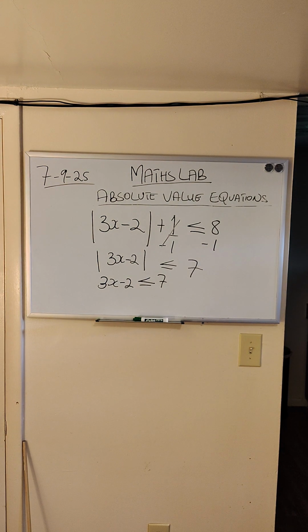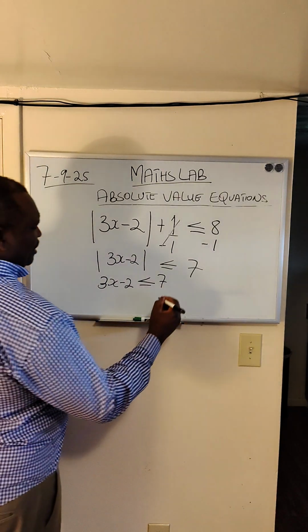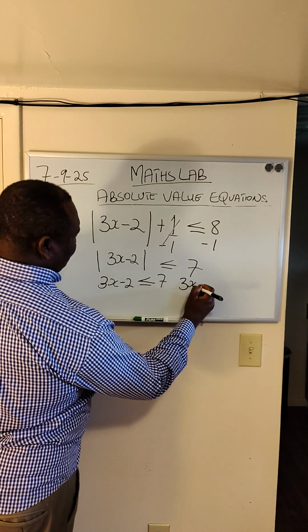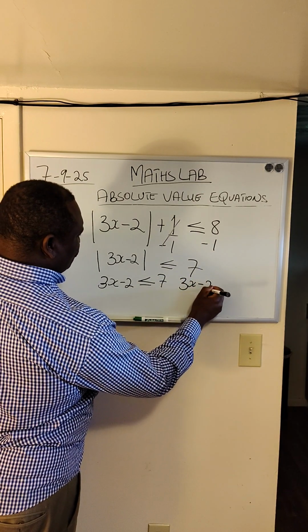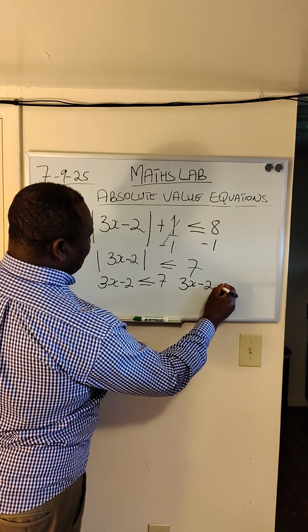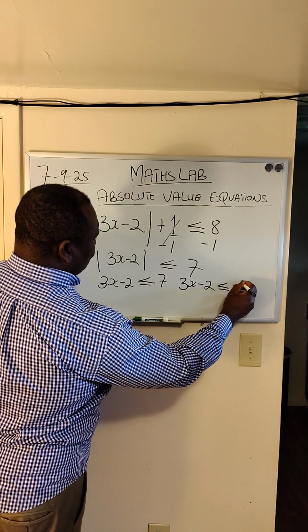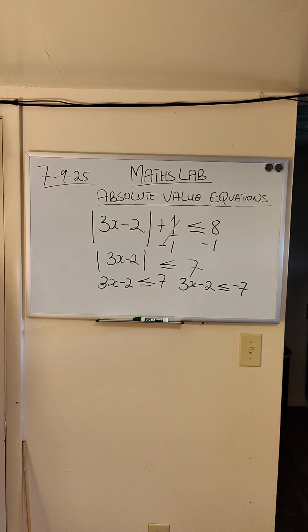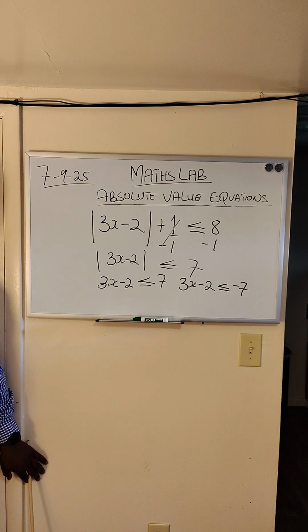And then we also say that 3x minus 2 is less than or equal to negative 7. On one side it is positive, and on the other side it is negative.